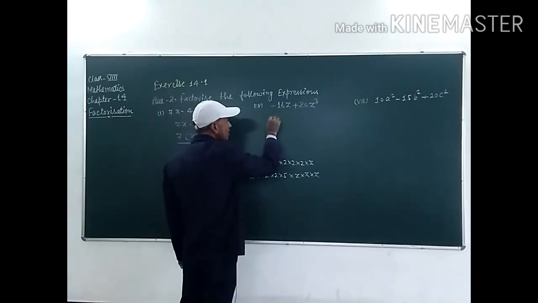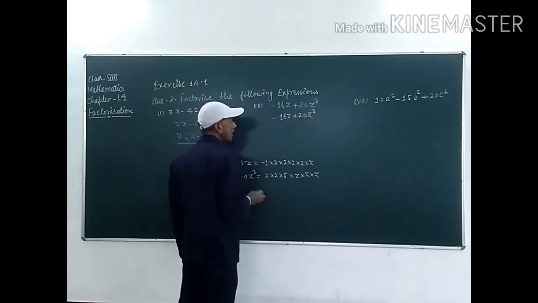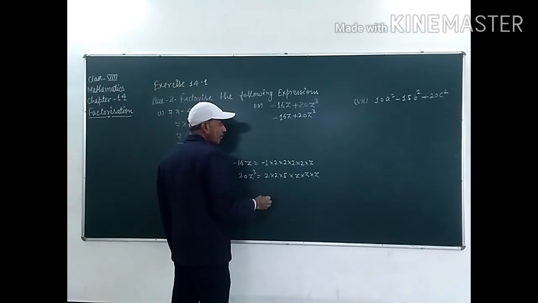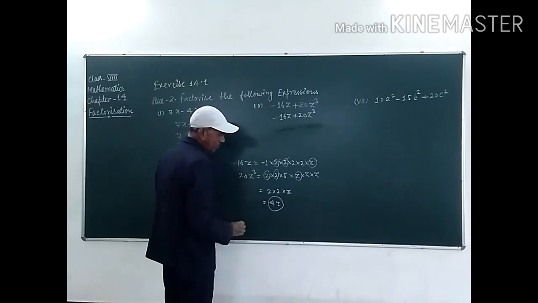So, write this first step: minus 16z plus 20z cube, and now take common factors, that is 2 into 2 into z, it means 4z.